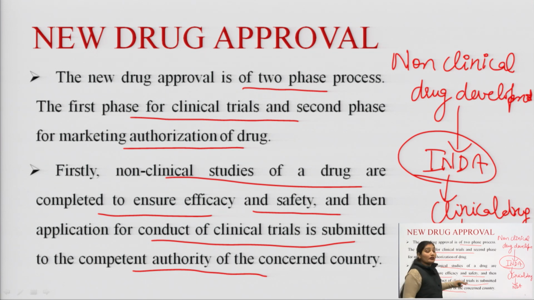So, the application to conduct the clinical trial is submitted in the form of IND, that is investigational new drug application, meaning this application is related to the conduct of investigation on the drug product. It is related to the conduct of clinical trials on the drug product, that is why it is called the investigational new drug application. Okay. So, when the non-clinical studies of the drug are completed to ensure the efficacy and safety, after that the application for conduct of clinical trial is submitted to the competent authority of the concerned country.